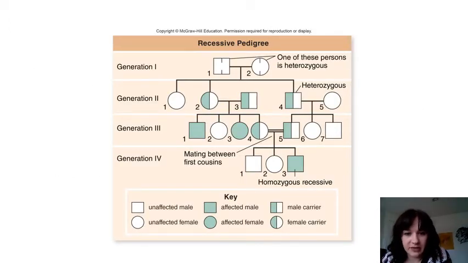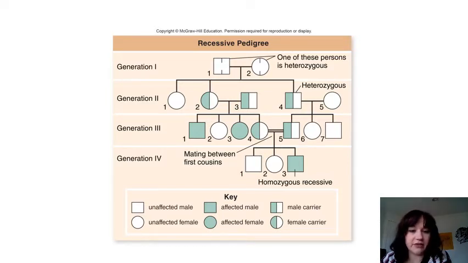Now, when you look at this pedigree, you can see something different. In generation 2, we've got some examples of individuals that are half green and half white. What that means is that they are heterozygous. In this case, because the allele is a recessive allele, will those individuals have albinism? No, they will not, right?